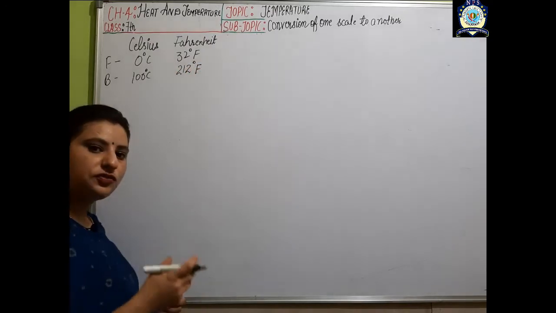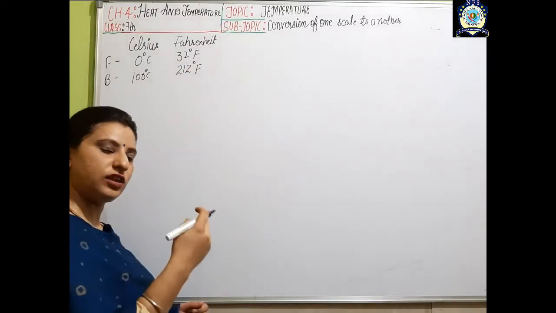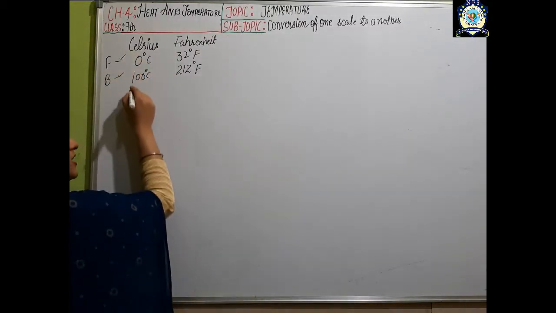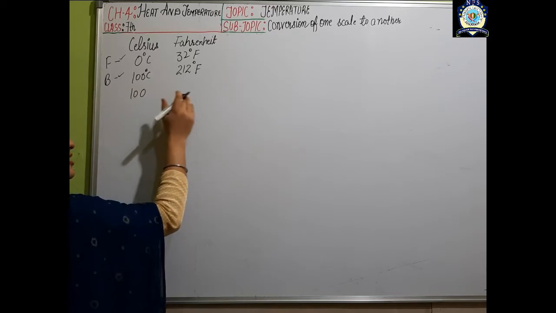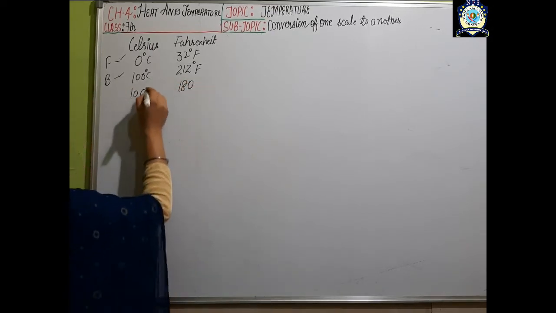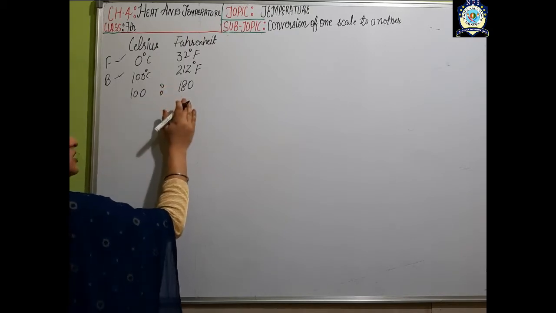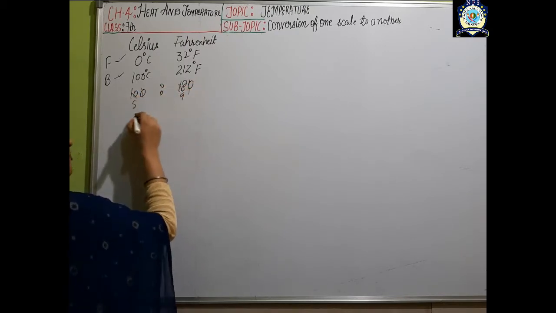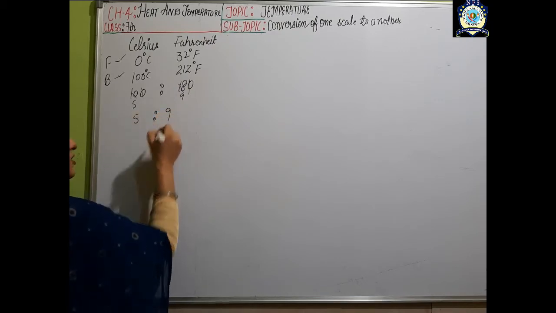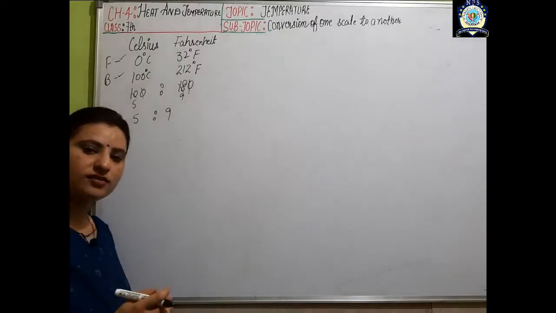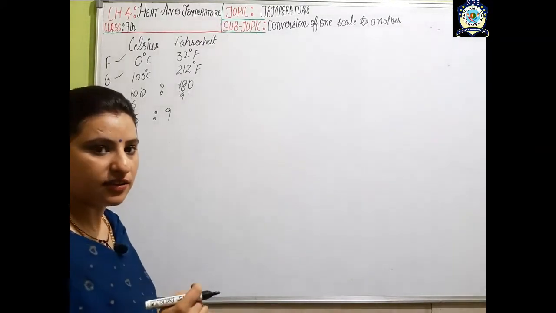If we go for the difference between the lower value and the upper value of both the scales, we find that Celsius has 100 divisions, and in case of Fahrenheit scale there are 180 divisions. So if we make a ratio of both these, we get a 5:9 ratio. Okay, now this will help us to find out the formulas of degree Celsius and degree Fahrenheit.